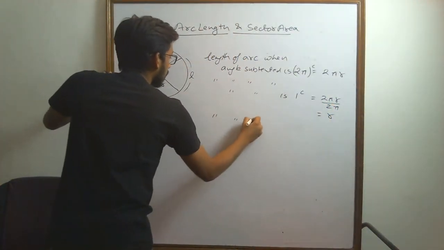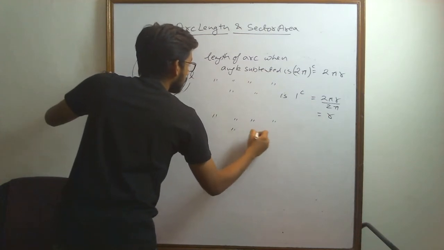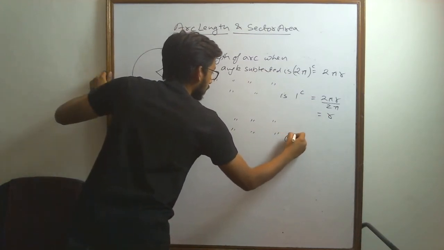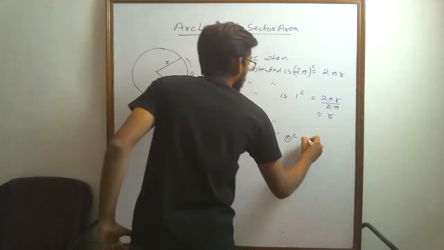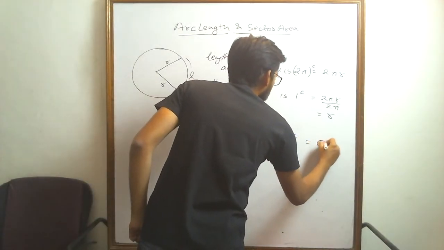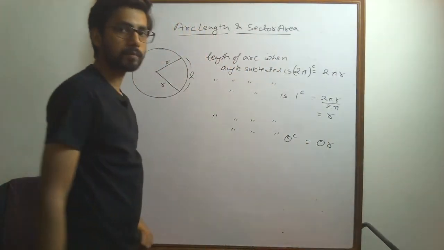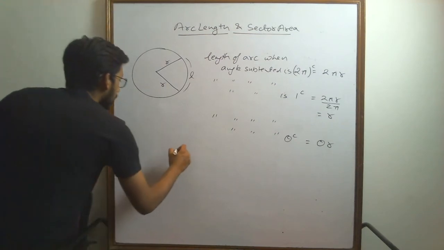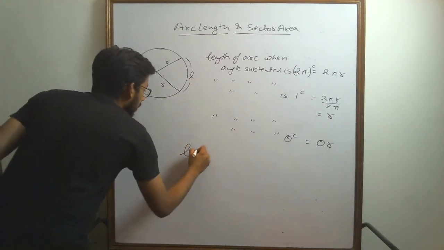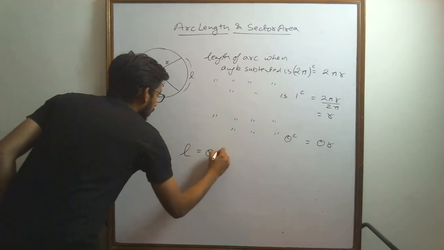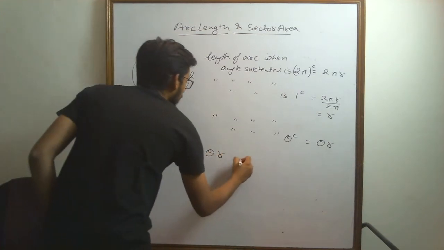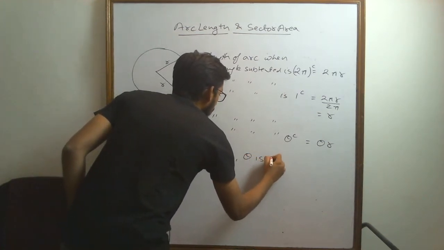The length of the arc when angle subtended is theta radians is equal to theta into r. That means length of the arc L is equal to theta into r when theta is in radians.